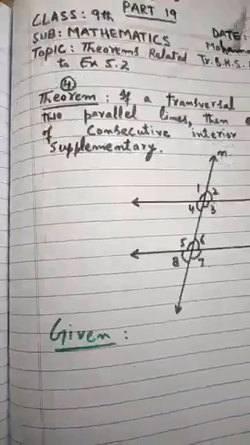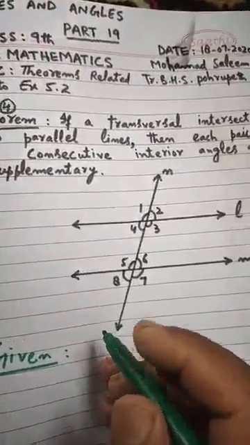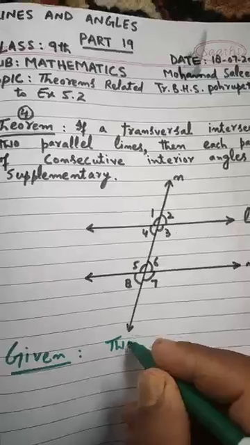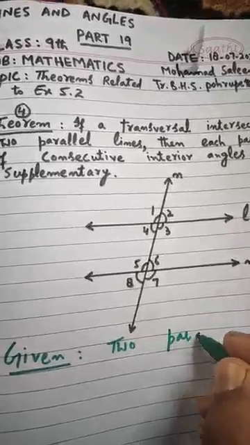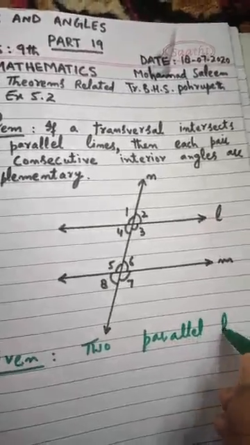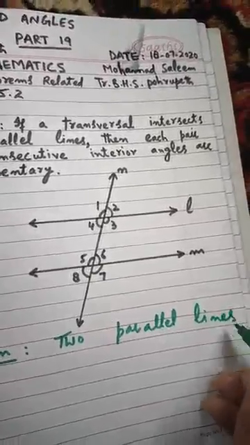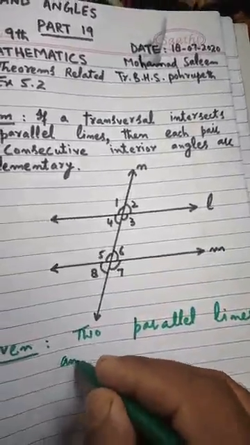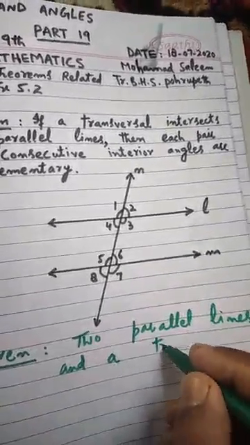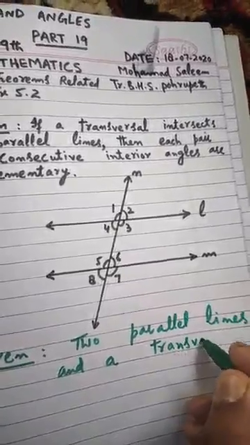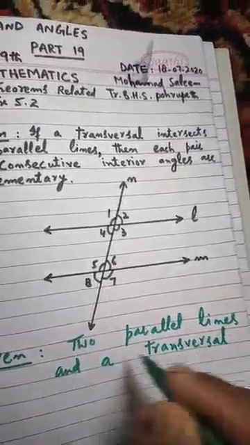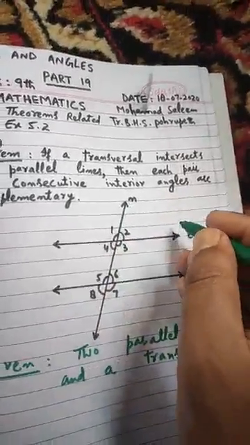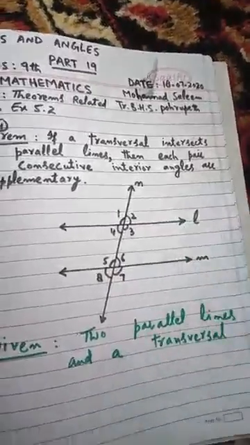We have two parallel lines and a transversal, and that transversal is intersecting both these parallel lines.